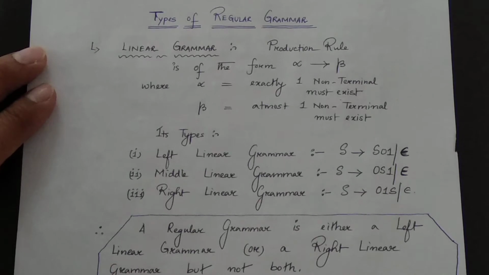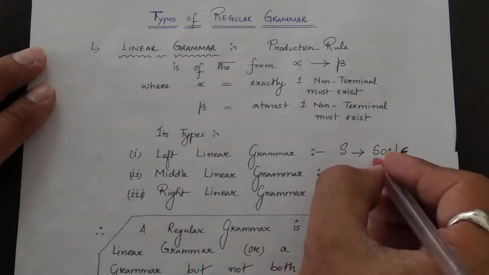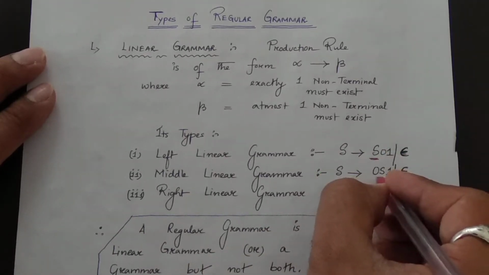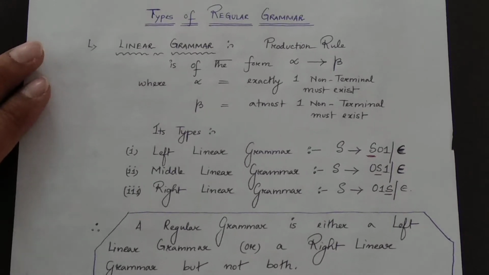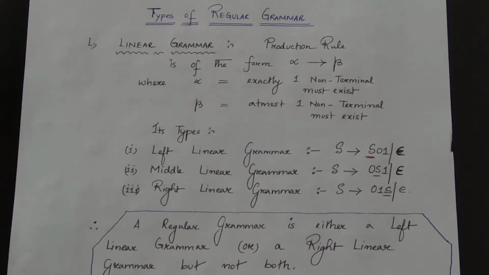If that particular non-terminal is in the middle of the production, then it is called middle linear grammar. As you can see here, I have marked it as dash. And if on the right-hand side of the production that particular non-terminal is present, then that is known as your right linear grammar. Clear? So this is a small definition for left linear, right linear, and middle linear grammar.